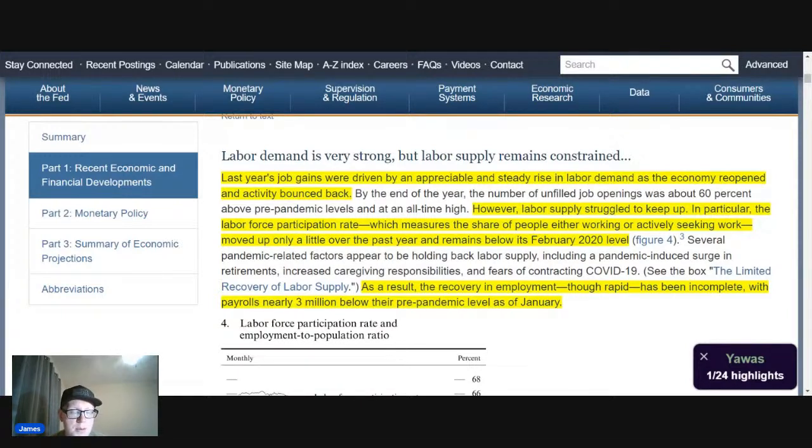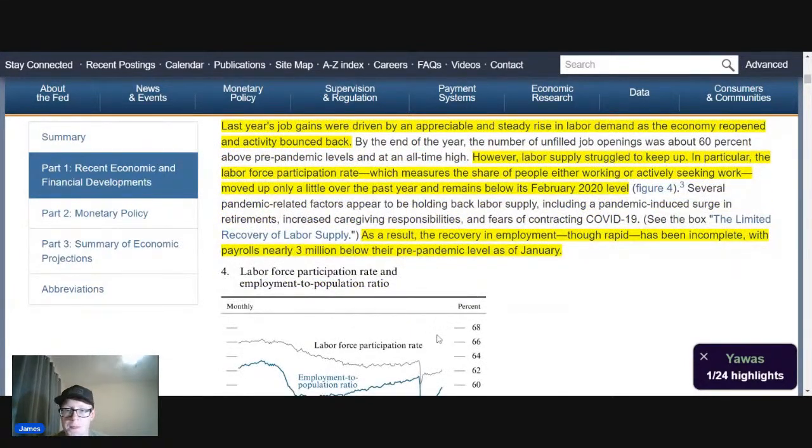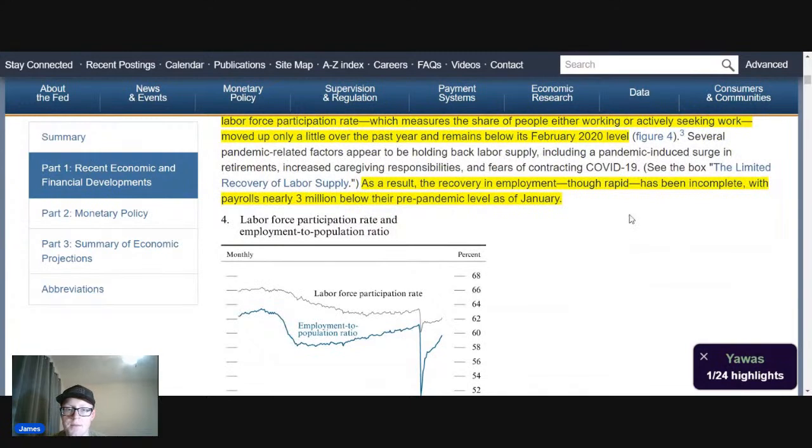I don't remember the exact time, but I know there's a specific amount of time before you're no longer counted in the labor force participation rate, because you haven't been looking for a job, even if you're in the non-retirement ages. And even though the recovery of employment has been rapid, it's not really complete, because we're nearly 3 million below pre-pandemic levels.